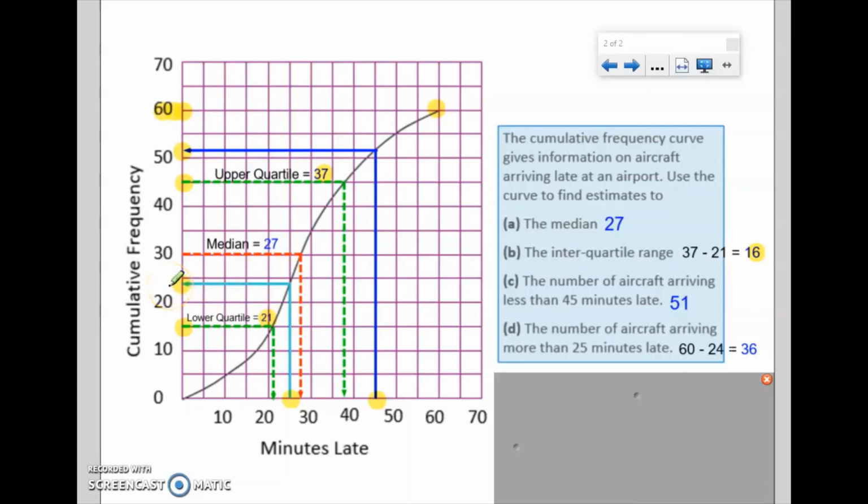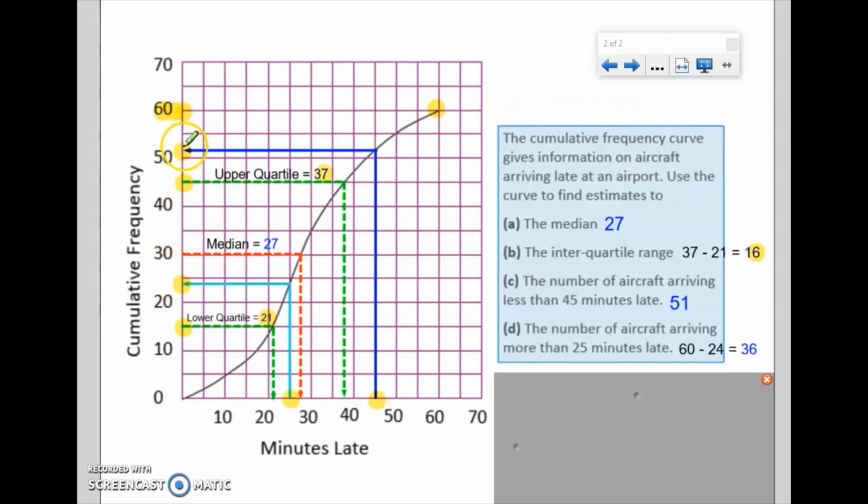However, the wording of the question talks about more than 25. So unlike question C, I do not want this value less than 25, which would be this value here. I want the value which is more than this total.